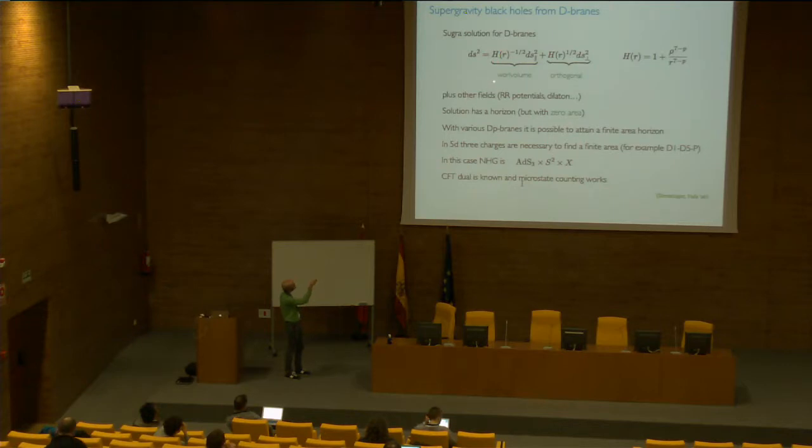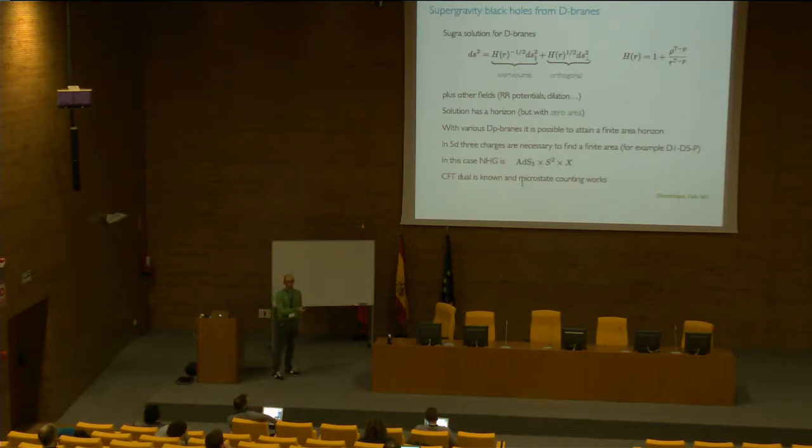And you have some warp factor, which is the form at least for branes that are smaller than 7 branes. And there are other fields. They are important, like Ramond-Ramond potentials and the dilaton. They are important, but I did not copy them here, just for simplicity. So if you look, the warp factor actually vanishes at r equals 0.